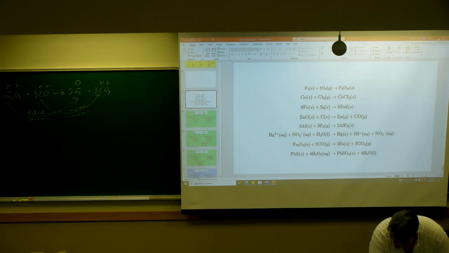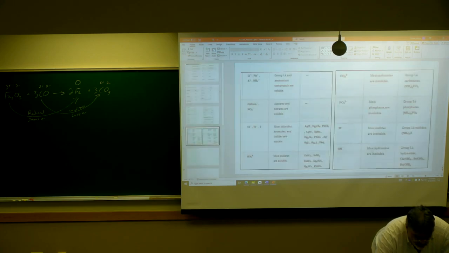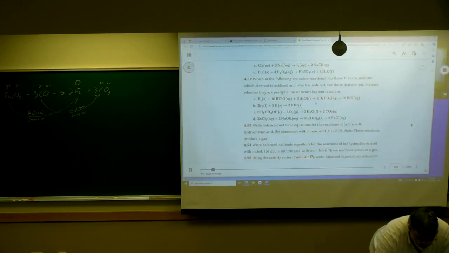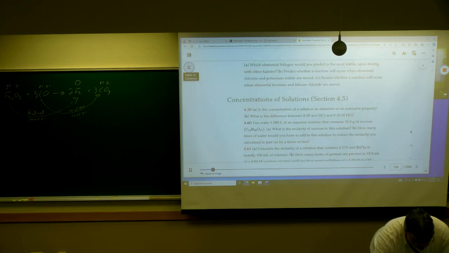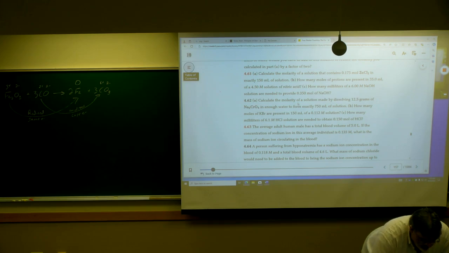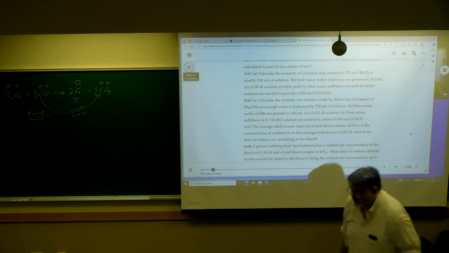Redox. These on concentration. That's the solubility chart. Concentration, so 4.61. Probably didn't do the red one, but I'll do the red one.